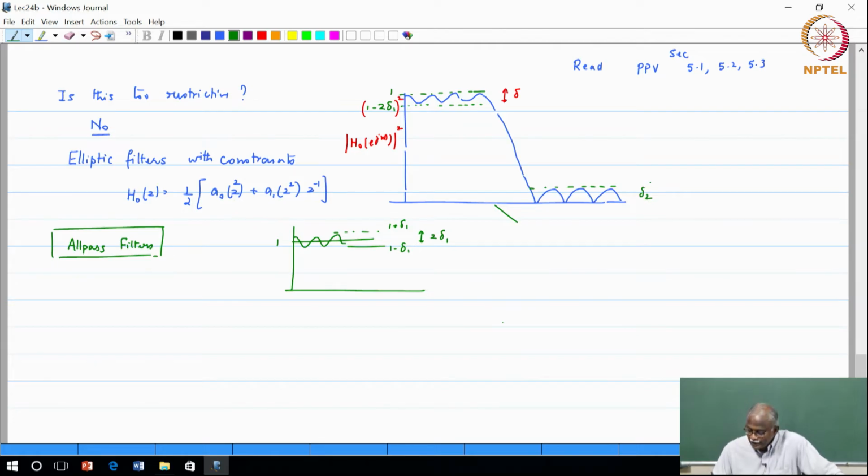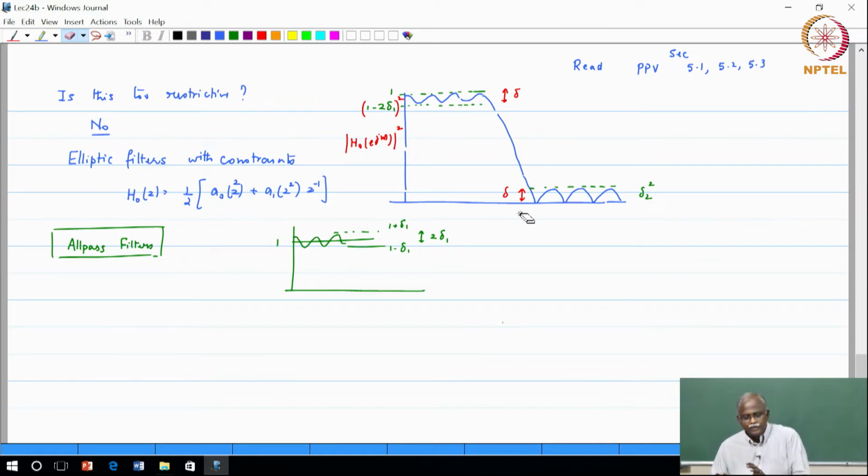When you square it, it will become delta 2 squared, that is the stop band energy, and because of the elliptic filter property, we specify that this is also equal to delta. So, what you are trying to force your elliptic filter to have is the following constraint: the ripple for the squared response, the ripple in the pass band and the ripple in the stop band, are the same. Again, these are design constraints that can be implemented.